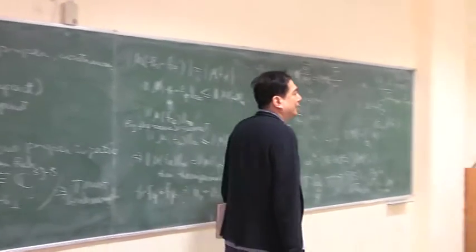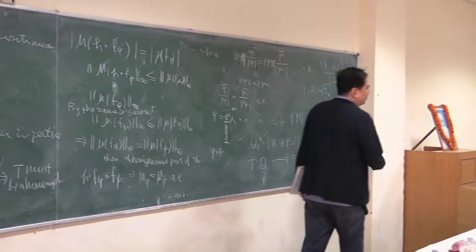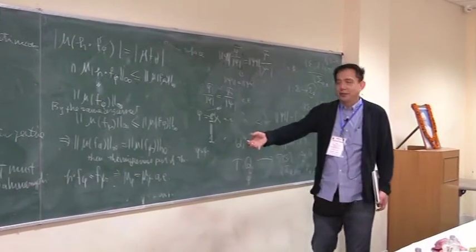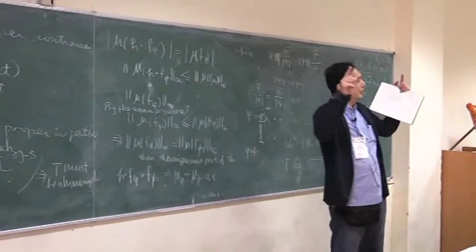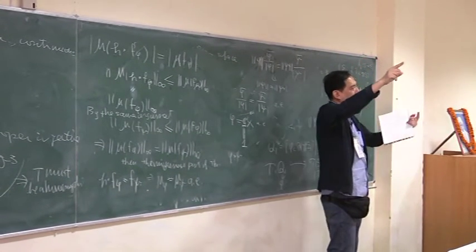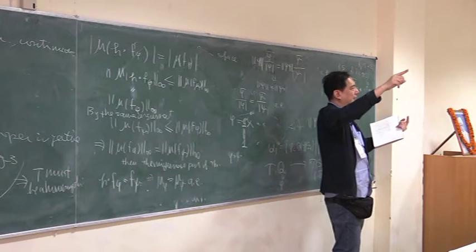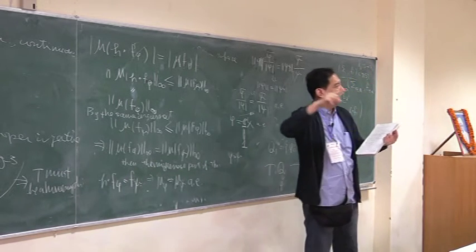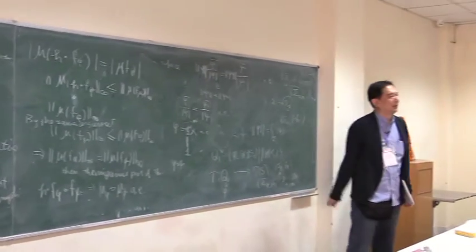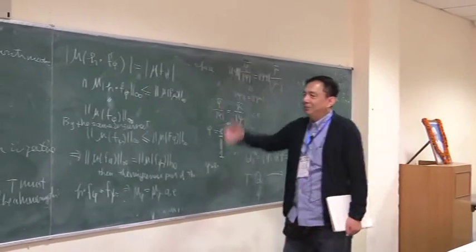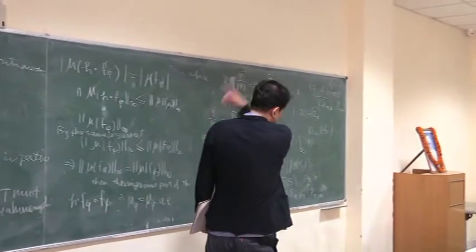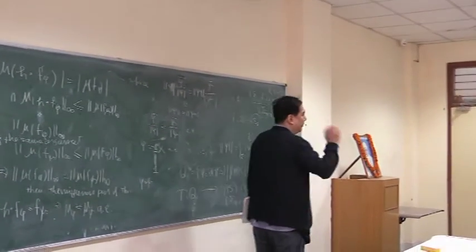In particular, it is surjective. Surjectivity means that for any given point in the Teichmüller space, you have a Teichmüller map from sigma 1. So it's just the statement of the theorem for the existence of the Teichmüller map. By this kind of argument, you can show that the second theorem implies the first theorem.